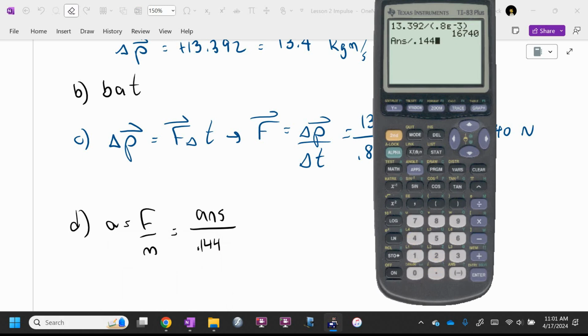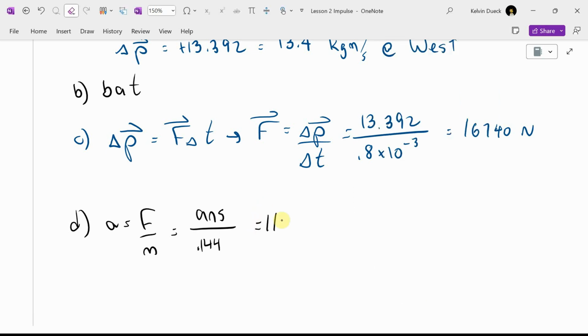Should be a pretty big acceleration because a baseball accelerates pretty fast when it gets hit by a bat. I get 116250. I'm going to just round to 3 sig figs, Jaden, if that's okay. That's an acceleration, so it's meters per second squared. Positive answer, it's accelerating to the west if they needed a direction.